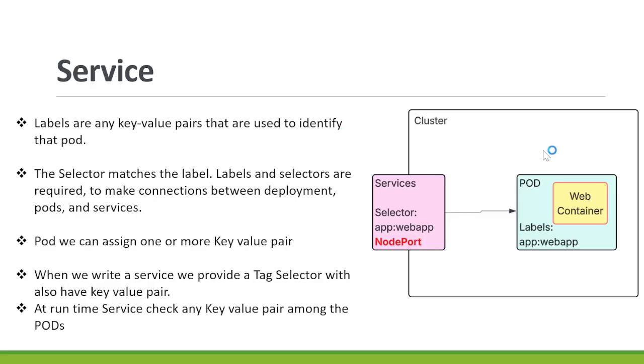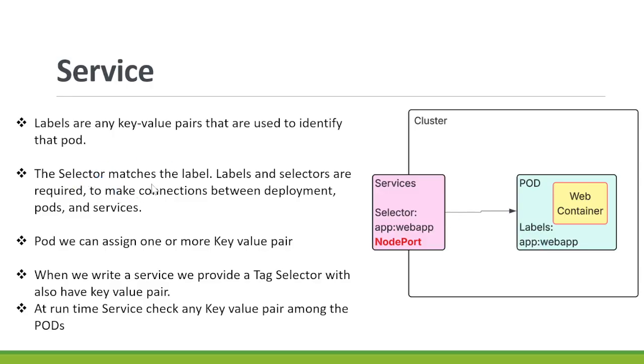Suppose you have 10,000 pods. You need to segregate which pods are related to my service, so you can provide them a label. A label is basically a key and a value. Here the key is app and the value is web app. You can put anything for key and value, but it should be unique.